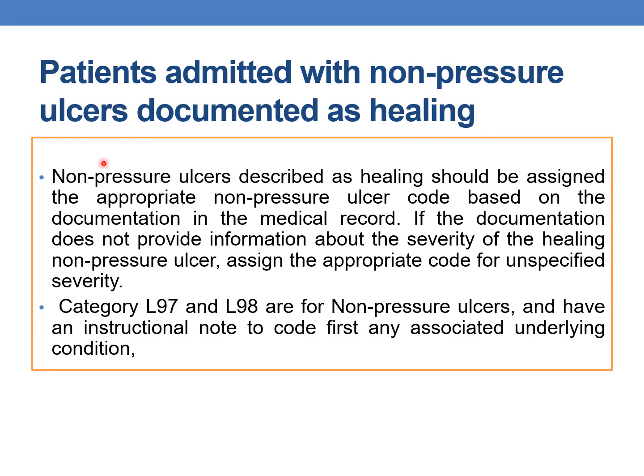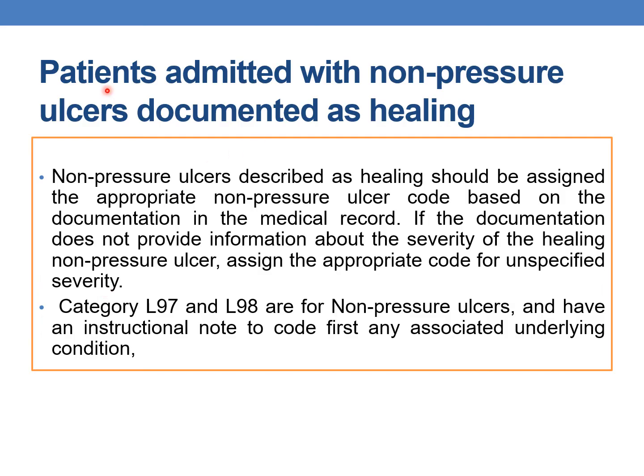Similar to pressure ulcer, non-pressure ulcers described as healing should be assigned the appropriate non-pressure ulcer codes based on the documentation in the medical record. And if the documentation does not provide information about the severity of the healing non-pressure ulcer, assign the appropriate unspecified code.